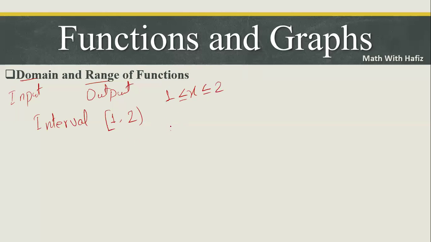But in the case where one or two of the values are not included, let's say one is not included, then instead of this bracket you will use a square bracket. If 2 is included, you will use this bracket. This is called interval notation.